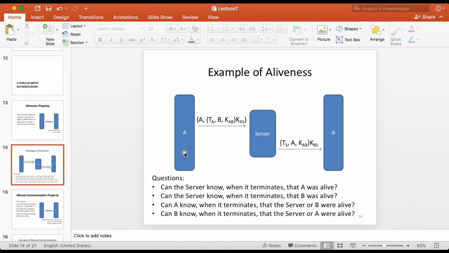So the answer is no and no, because neither the server nor B sends A any messages that prove they came from the server or from B. And finally, can B know when it terminates that either the server or A were alive? The answer is yes and yes.